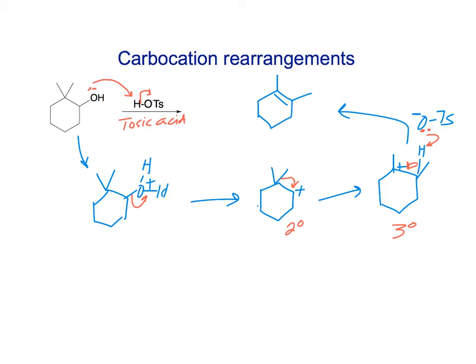Now, if we step back and look at the reactions we've done up to this point, we might imagine that this carbocation could also be generated from other species as well.